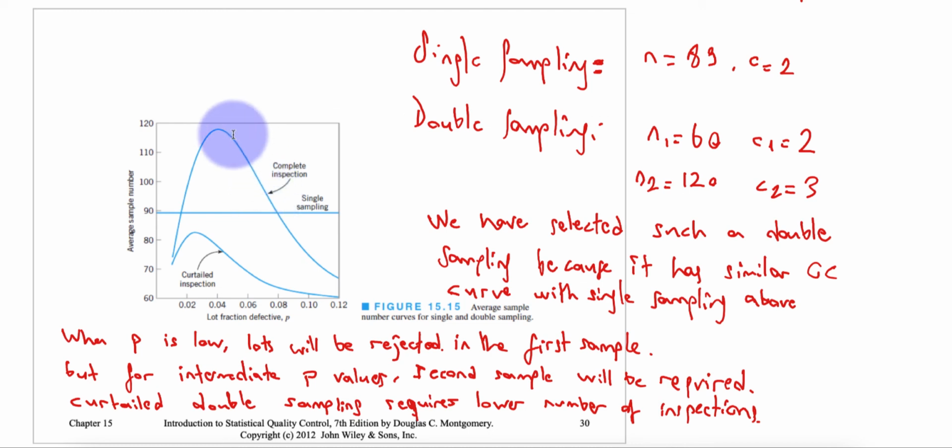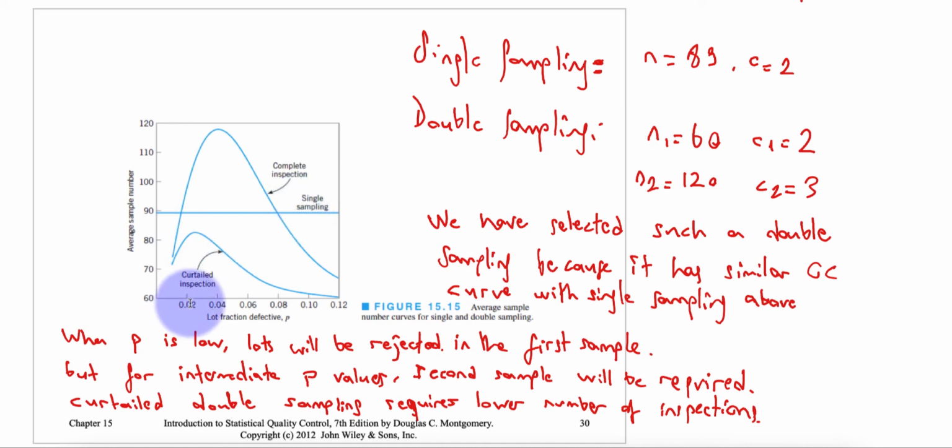This is the case, okay? Complete inspection. So at the beginning, when the lot fraction defective is low, the average sample number will be lower than the single sampling. This is a single sampling, okay? This is a constant. We are just using a single sampling.